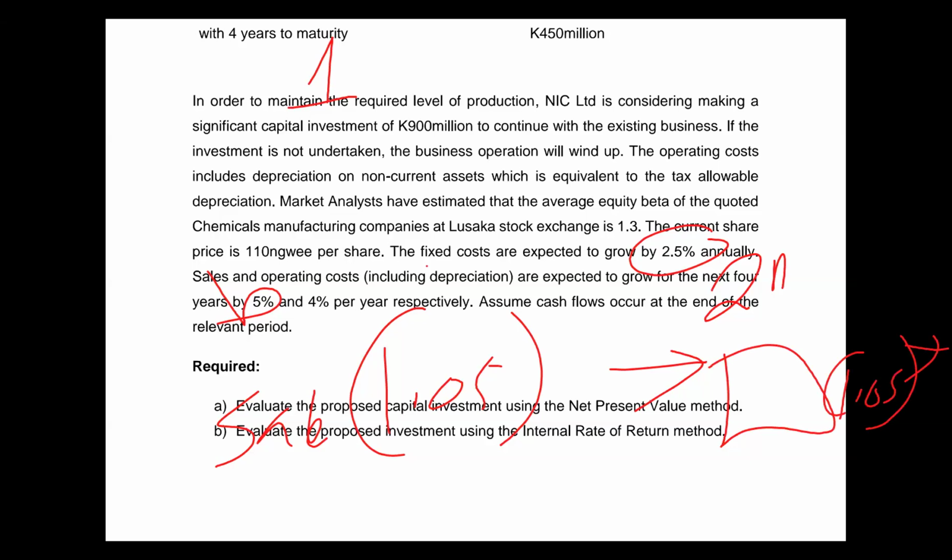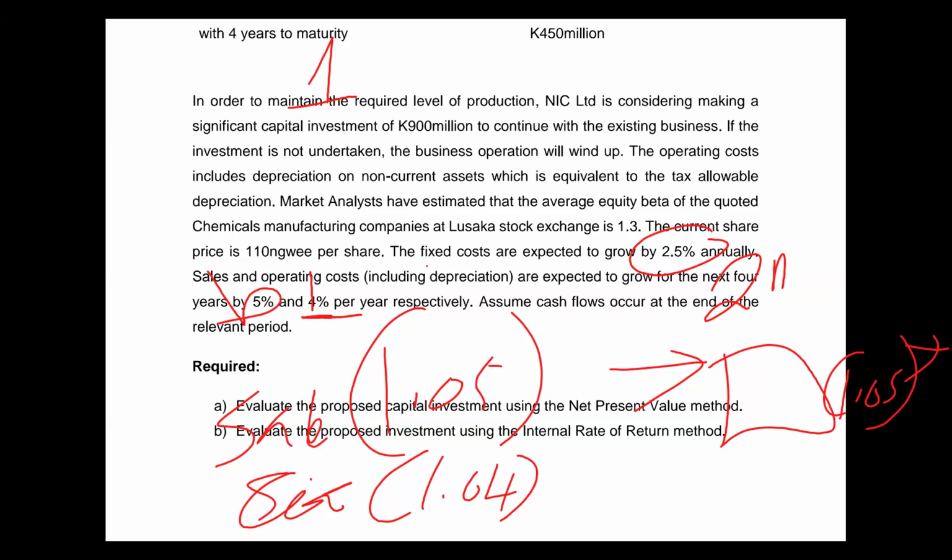So in short, the sales are growing 5% every year. And at the same time, the costs, including depreciation, are growing at 4% every year.